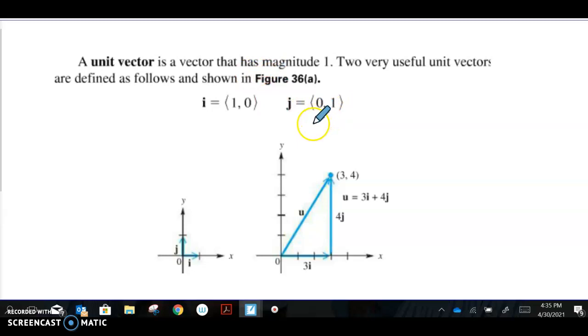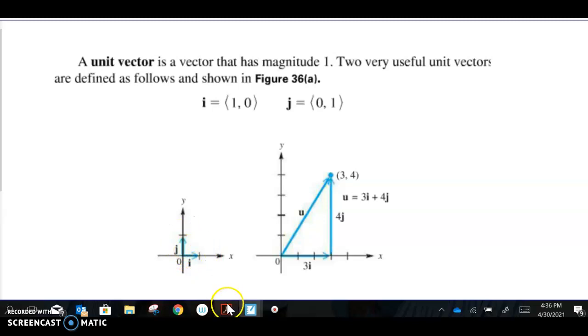Okay, a unit vector is a vector that has a magnitude of 1. Well, what's that remind us of? Our unit circle. Two very useful unit vectors are defined as follows. We define vector i as 1, 0, and vector j as 0, 1. Okay, i and j, two unit vectors. One of them is 1, 0, and one of them is 0, 1. Okay, they're right here.